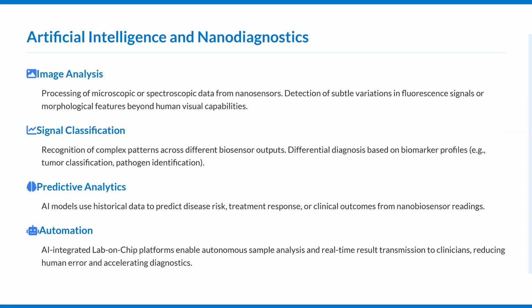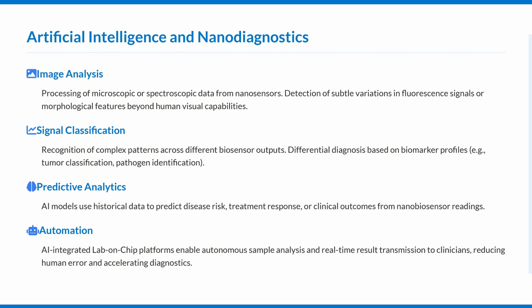Artificial intelligence and nanodiagnostics. Image analysis. Processing of microscopic or spectroscopic data from nanosensors. Detection of subtle variations in fluorescence signals or morphological features beyond human visual capabilities. Signal classification. Recognition of complex patterns across different biosensor outputs, differential diagnosis based on biomarker profiles, for example, tumor classification, pathogen identification.